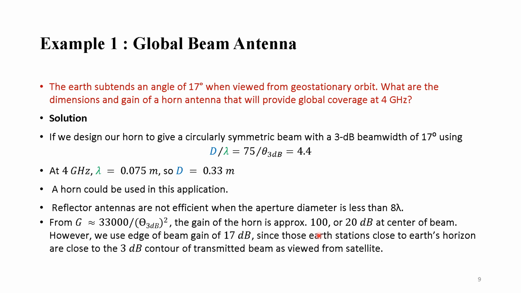If you take 3 dB at the edges, it means we'll have 17 dB at the edges of the coverage. Since these are Earth stations close to the Earth horizon, we have a 3 dB reduction viewed from the satellite. The one in the middle is 20, while the ones at the edge will be 17.